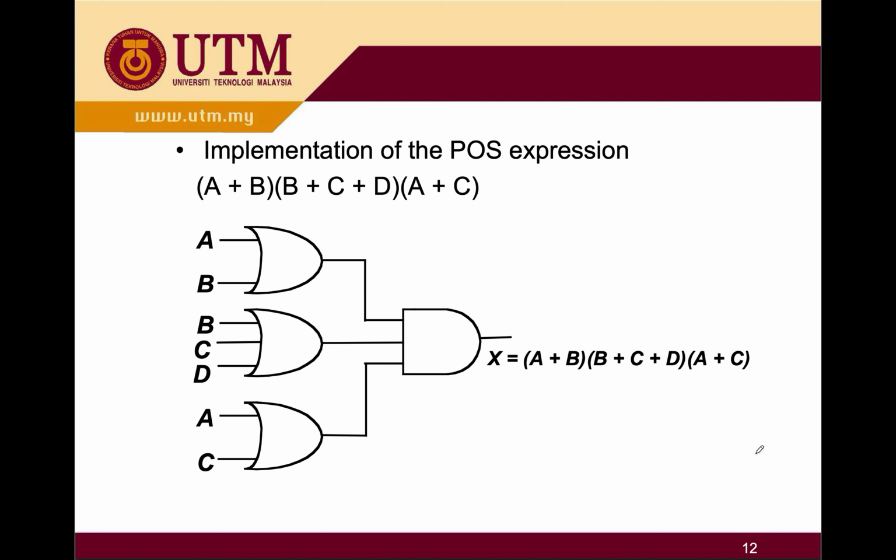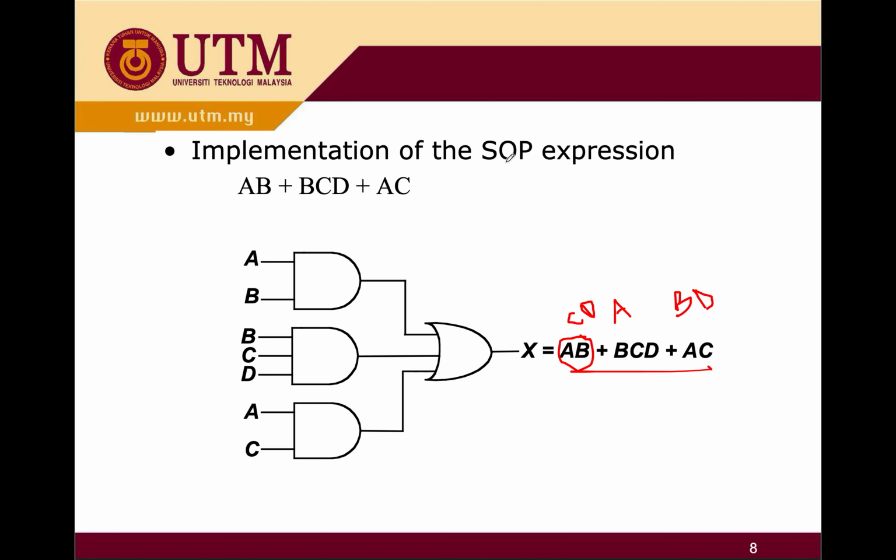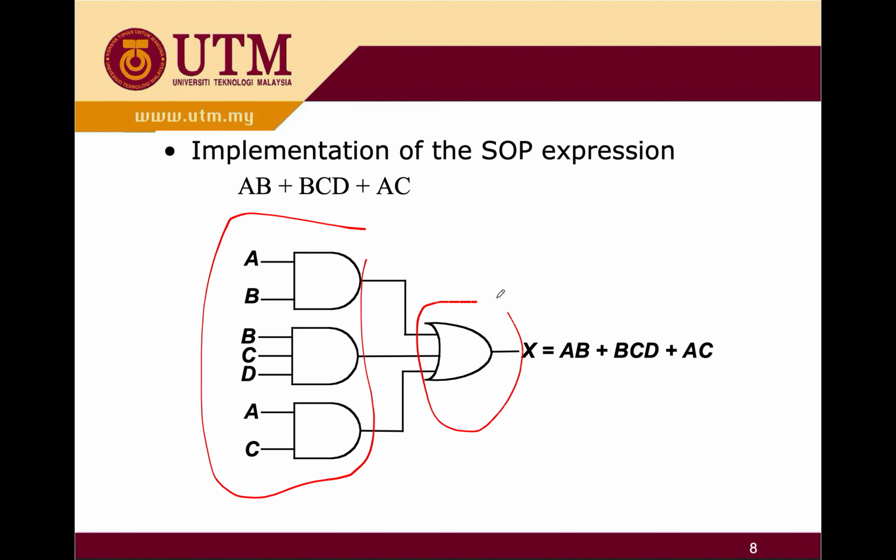This is just the implementation of POS expressions, where the basic one is OR, after that you have AND gate. This is how POS expression looks. And going back to the example of SOP, you have the AND gate, then the OR gate: you multiply all the products and then you sum or add all these products.